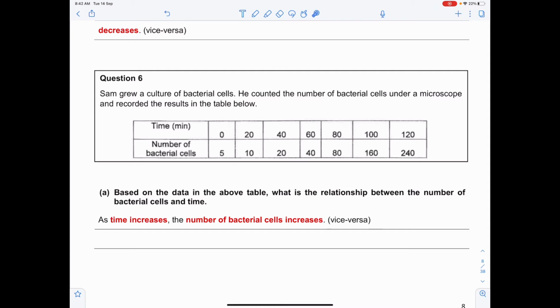Okay? Give a reason why Haziq left the box uncovered for 15 minutes before repeating the experiment with the next bulb. So this is actually a fair test question. Now, think about it. Remember the whole idea of actually conducting an experiment is to make sure the experiment is fair. So your starting point must be the same.